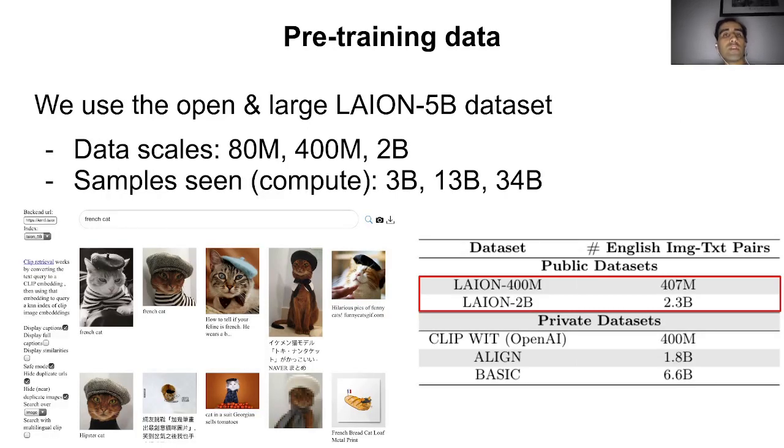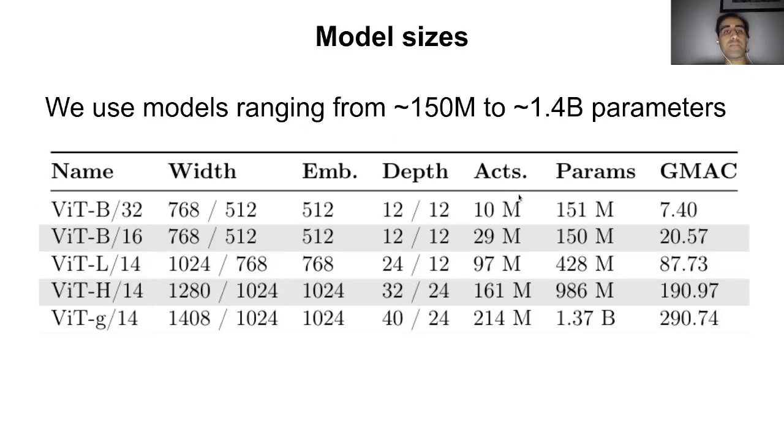In terms of pre-training data, we use the Open LAION-5B dataset. In terms of data scales, we use 80 million, 400 million, and 2 billion image-text pairs. In terms of samples seen, we consider three scales as well: 3 billion, 13 billion, and 34 billion samples seen.